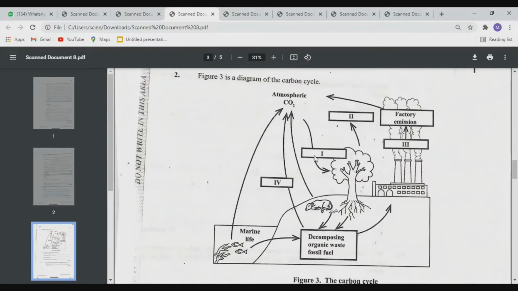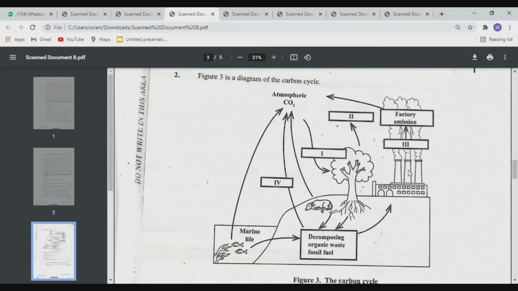The first one, I, is carbon leaving the atmosphere, going into the tree. So that's definitely photosynthesis. The second one is the carbon going back to the air, leaving the trees. So that's respiration, more specifically plant respiration.